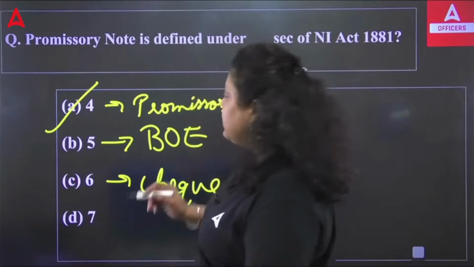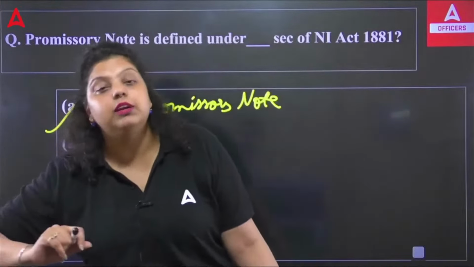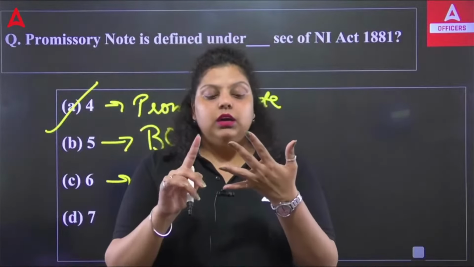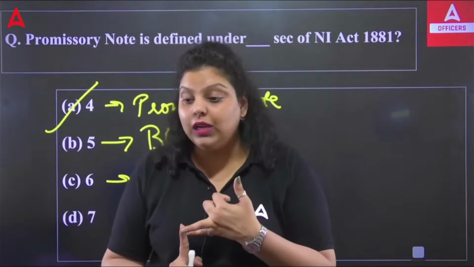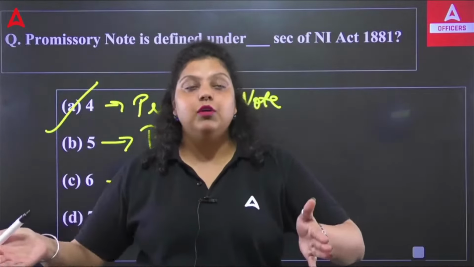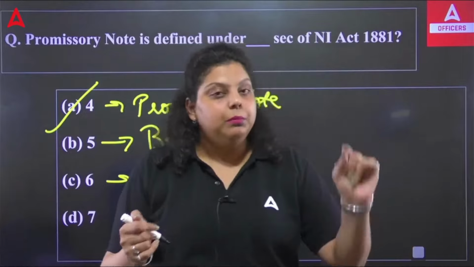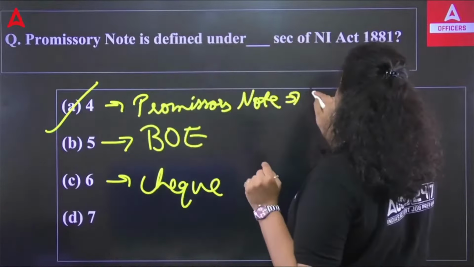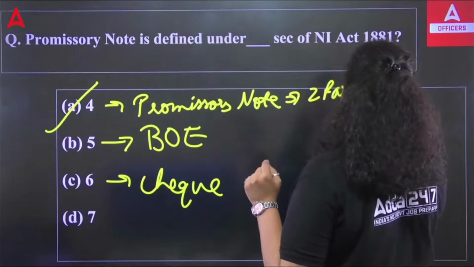Now, promissory note and bill of exchange are kind of a similar document. They both are documents in writing. They both will be promising to pay a certain sum of money to a certain person. But there is a difference. The difference is that in the promissory note, two parties will be involved.